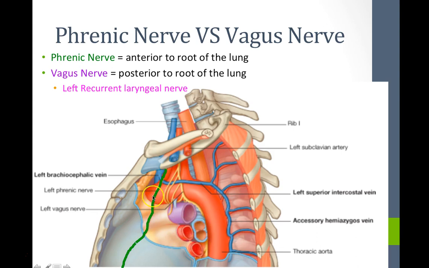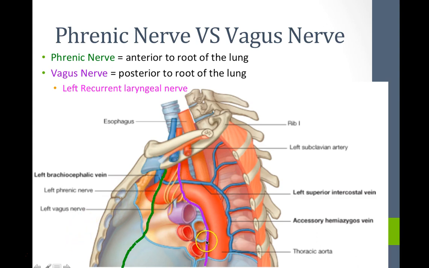This would be our root of the lung over here. And the other nerve that I want to introduce you to is the vagus nerve. The vagus nerve is the name for cranial nerve number 10, or we would abbreviate it as CN X, the Roman numeral meaning 10, and this we will find posterior to the root of the lung.